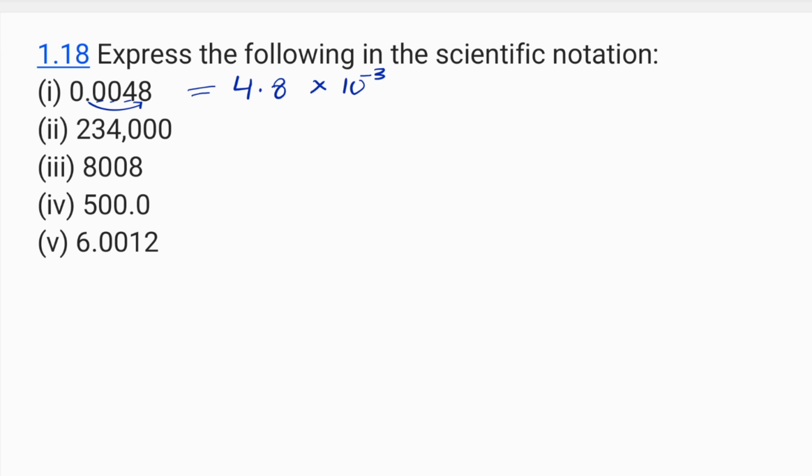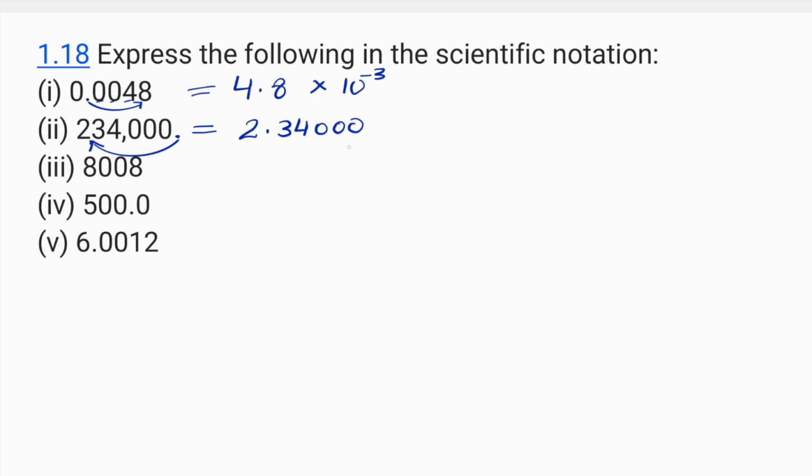All right, let's go to the second one, which is 2,34,000. All right, what we have to do? There is a decimal which is after these 3 zeros. We have to shift this decimal to after 2. Okay, then it becomes 2.34000.